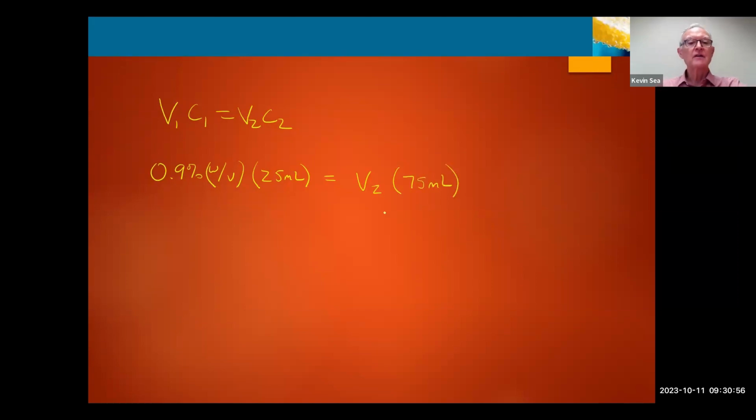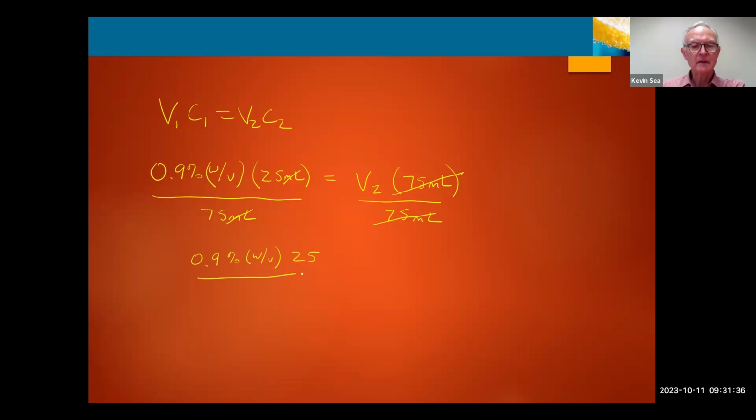If I don't convert to grams per mL, I can simplify this by dividing both sides by 75 mL like I did last time. 75 mL will cancel on the right, and milliliters will cancel in the numerator and denominator on the left. What I'm left with is 0.9% weight to volume times 25 divided by 75 equals C2, and C2 just equals 0.3%. So that makes it a lot simpler.